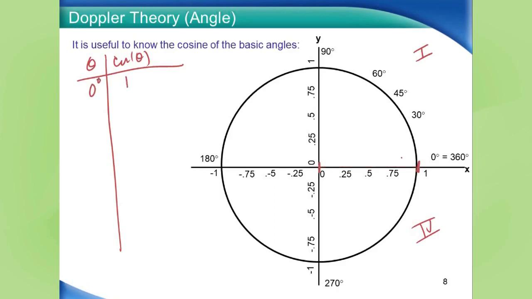Okay, let's now put in 30 degrees. So we rotate the stick to 30 degrees, shine the light down, and we see the length of the shadow is here. And we can see clearly it's bigger than 0.75 and it's less than 1. Now, if we measured it accurately, what we'd see is it comes out to be about 0.867, 0.866. But you can see that it's bigger than 0.75, less than 1.